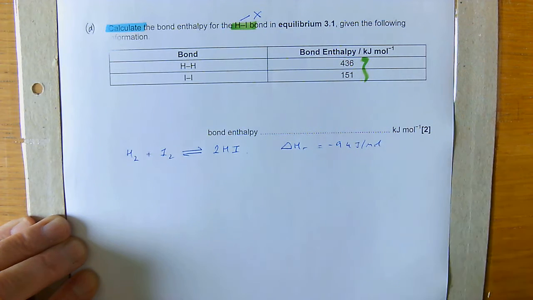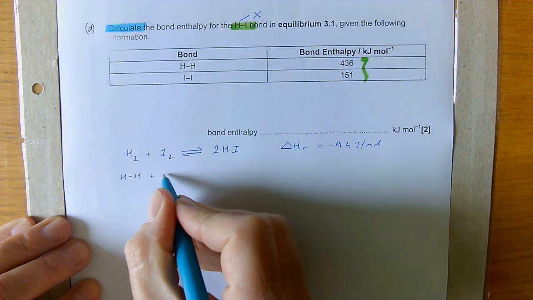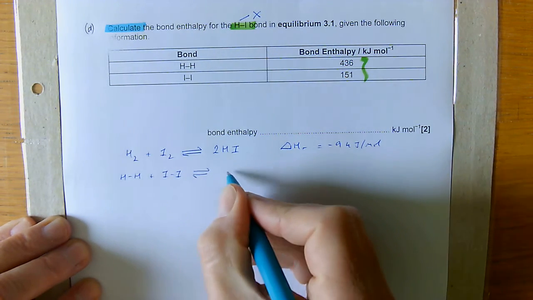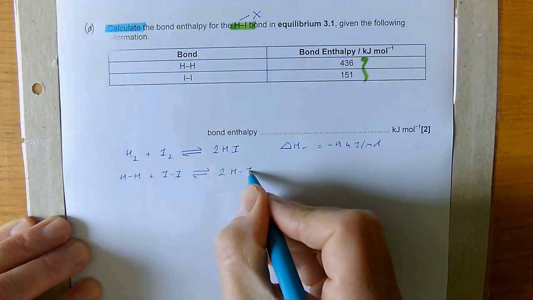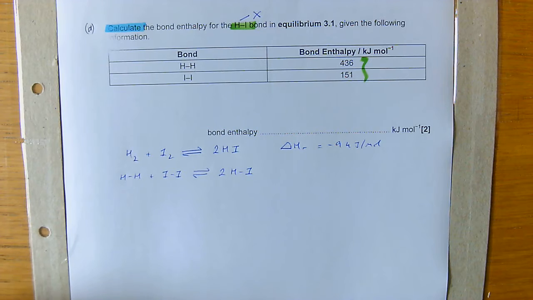That was given to us in part A of the question. With bond enthalpy questions, even though this is quite a simple one, I think it helps just to draw out what bonds we are talking about in our equation. So writing the equation in a slightly different way shows me the bonds.